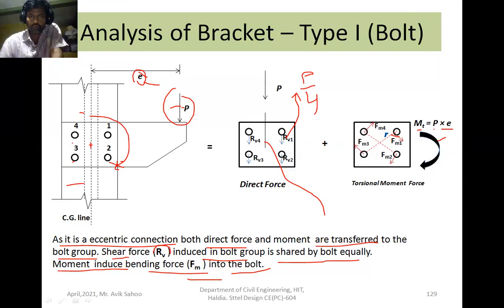So two figures I have drawn. This is the axial effect, another is the moment effect. Both have to be considered to find out the total forces, the total stresses induced in a particular bolt.